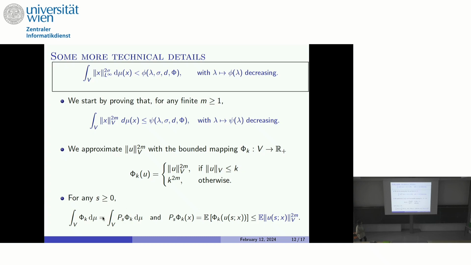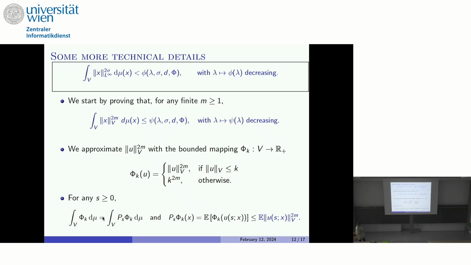In particular, we will prove that we have a bound which is a function of lambda, but it is decreasing with respect to lambda. So the idea is to approximate the V norm to the power 2m with a sequence of bounded mappings, basically a cutoff approximation sequence.